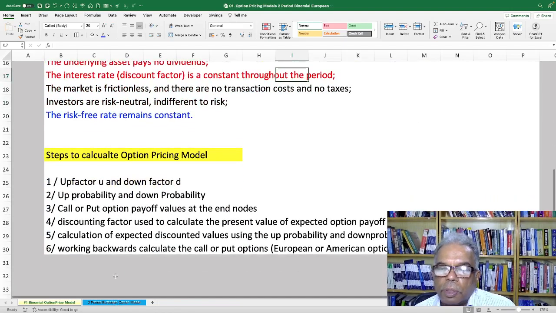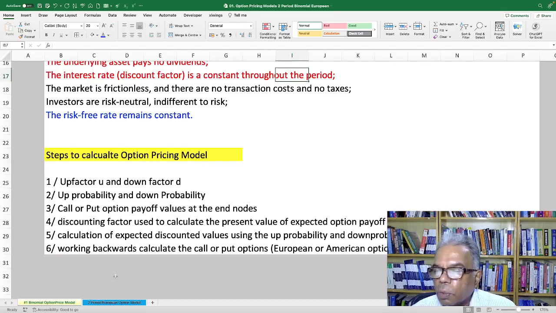What are the steps involved in calculating the option price using the binomial model? The first step is to calculate the up factor and the down factor, U and D. The second step is to calculate the up probability and the down probability. The third step is to calculate the call option and put option payoffs at the end nodes.